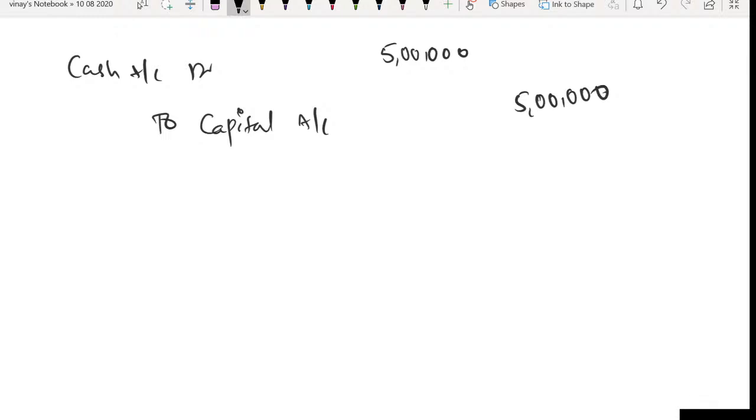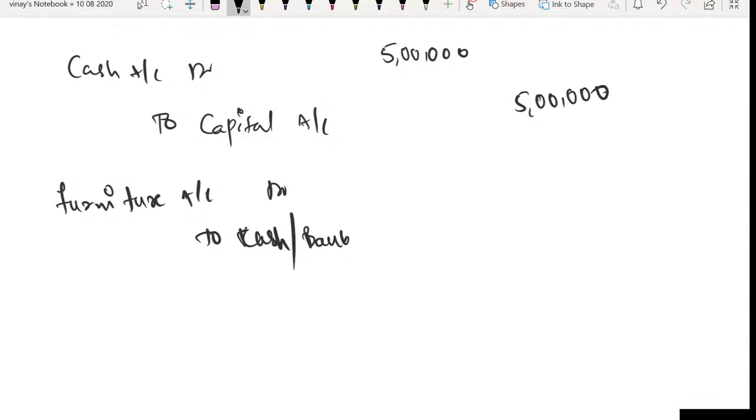Then when I bought furniture, my entry will be furniture account debit to cash or bank account, 30,000.